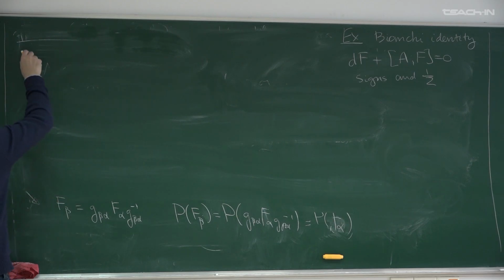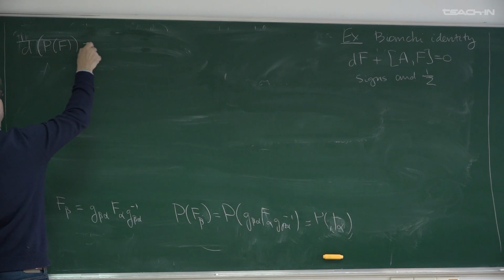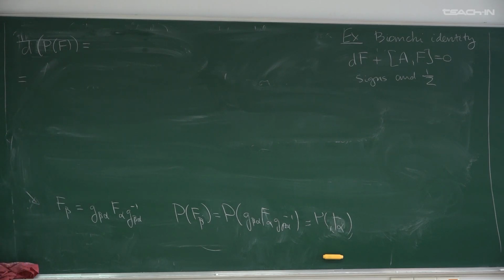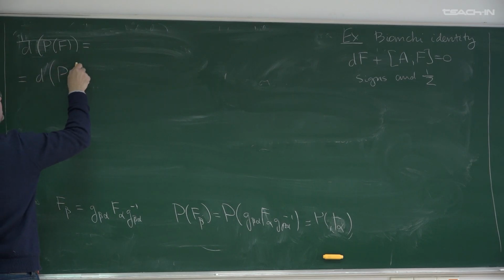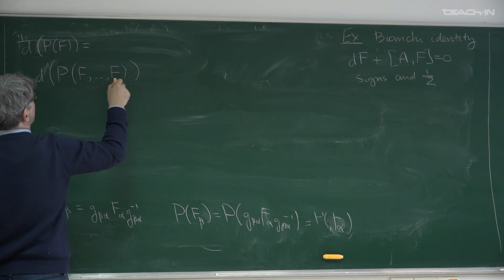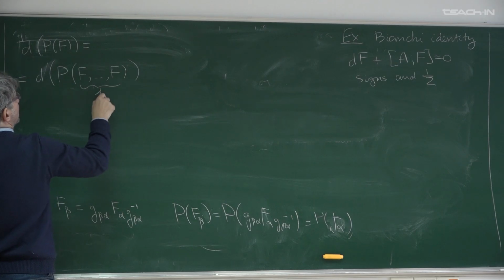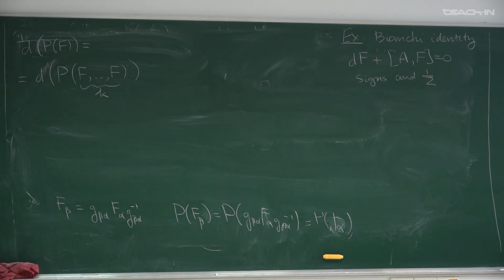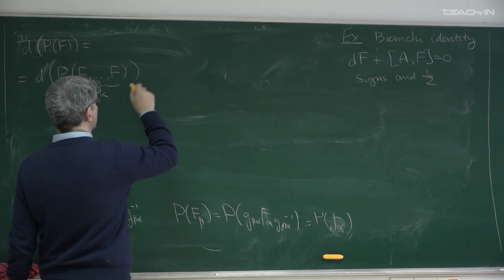Okay, so now we calculate d of P of F. To be careful, I need to write that I want to calculate d of a multilinear form with F on each place. Yes, there are k arguments here. Since it is multilinear in each, then you can apply a kind of Leibniz rule.